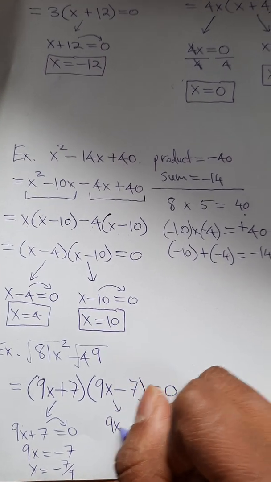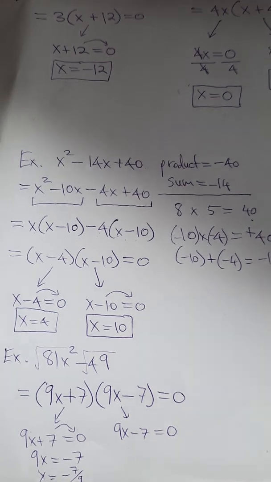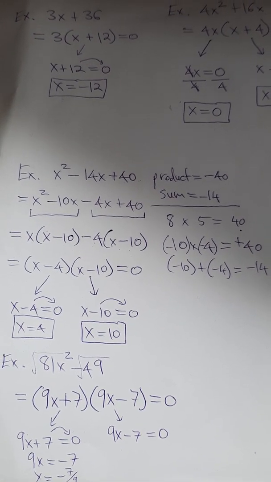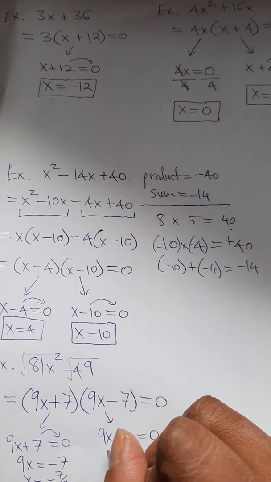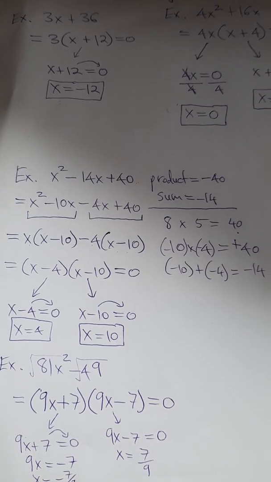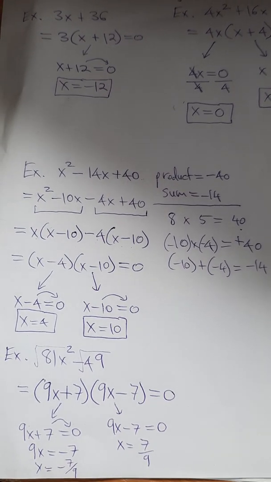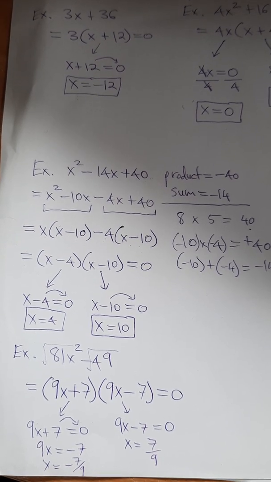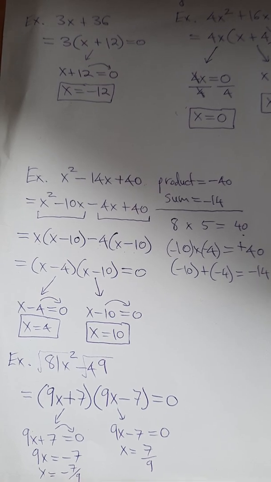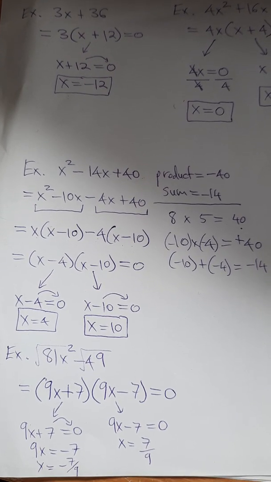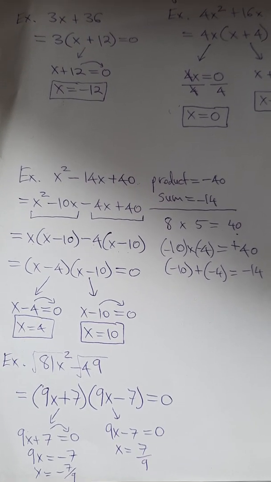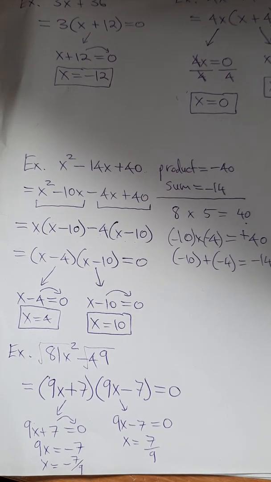We're doing 9x minus 7, which is equal to 0. You're going to take the 7 to the other side and then divide both sides by 9. So x is going to equal positive 7 over 9. And those are my two x-intercepts in this case, when I'm doing a difference of squares. With the difference of squares, you notice that you have basically the same answer, and the only difference here is going to be in terms of the sign. And you just have to change the sign.